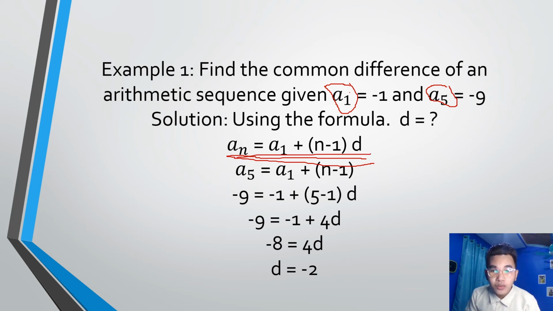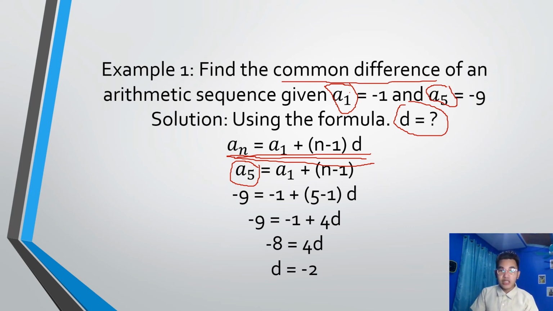Okay. So, given naman si a sub 5, ang atong ipangita is d. The common difference. Find the common difference. Okay? So, wala ta kahibaw ni d. Given naman si a sub 5, imo na lang i-substitute si negative 9 dire.